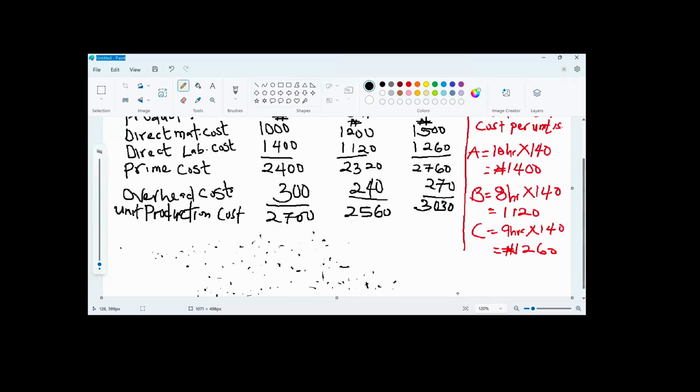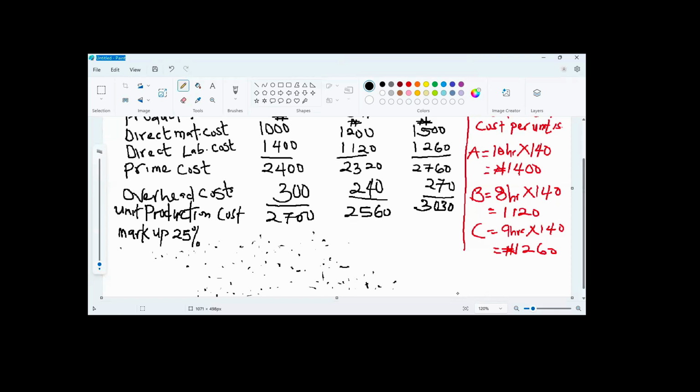Any question, please? Once you get your unit cost, you can calculate your profit. The question says markup. Markup is 25%. Your markup is your profits.